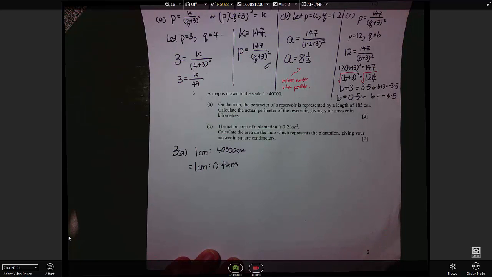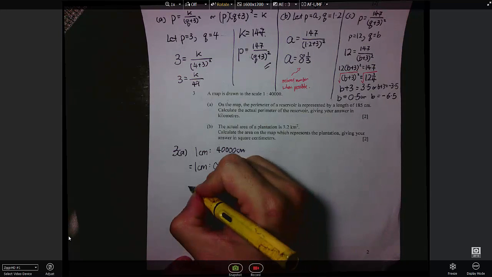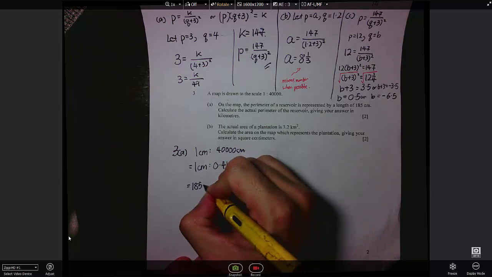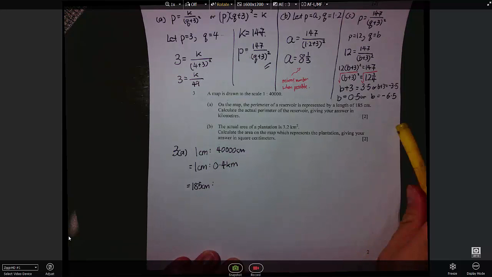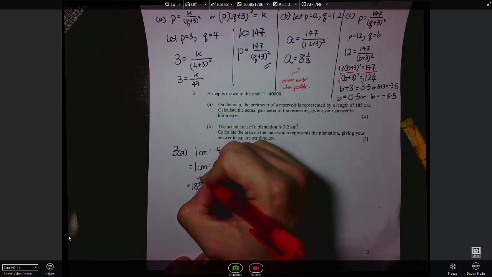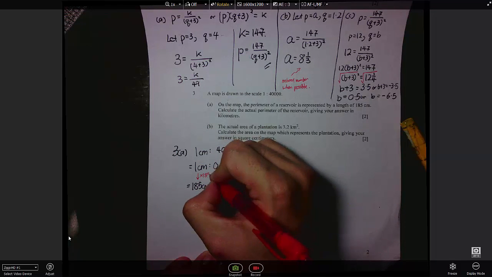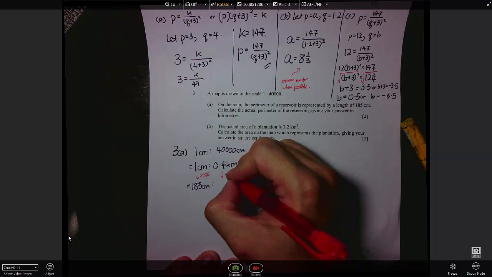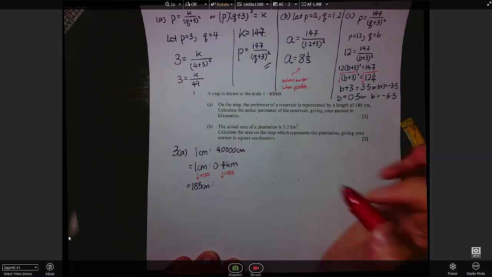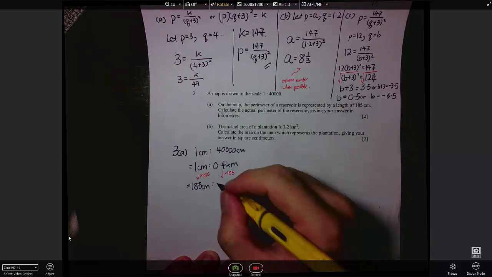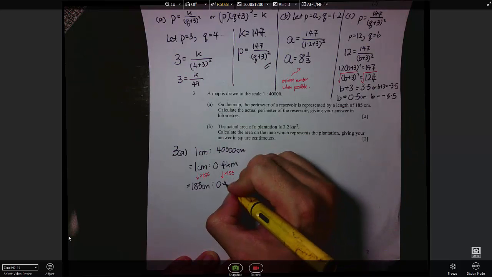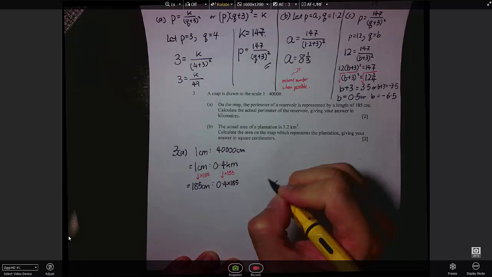Now they say that the perimeter is represented by 185 cm. So I write here 185 cm. If you notice, from here to here, I've multiplied by 185. So by proportion, here to here, I also multiply by 185. So in real life, I have 0.4 times 185.